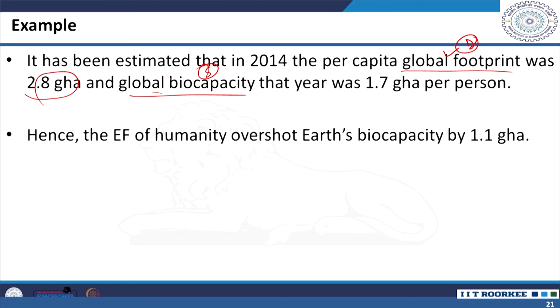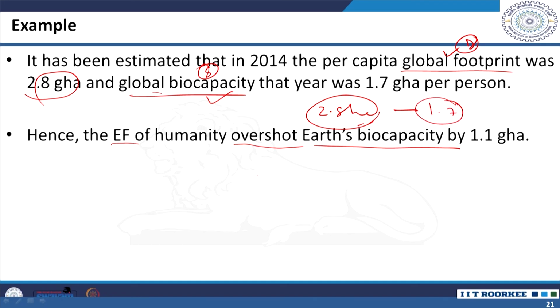Here you can say that the ecological footprint of humanity in this case overshot Earth's biocapacity by how many units? Obviously the demand is 2.8 for total humanity, and the supply, in terms of these sub-ecological systems or global biocapacity, which helps fulfill the demand, is 1.7.